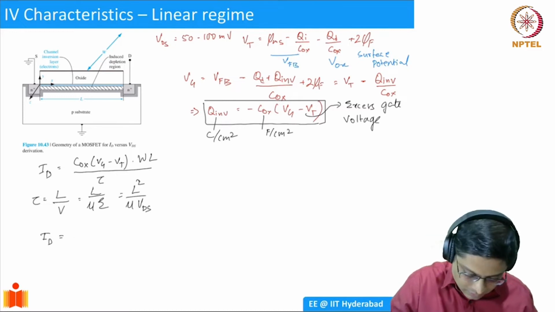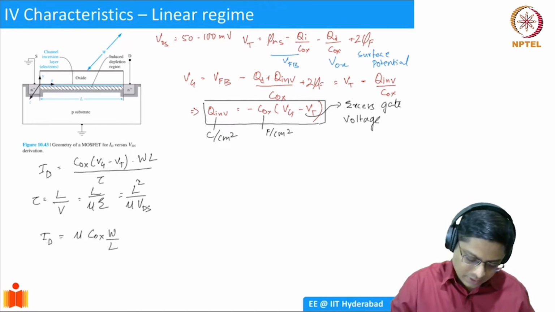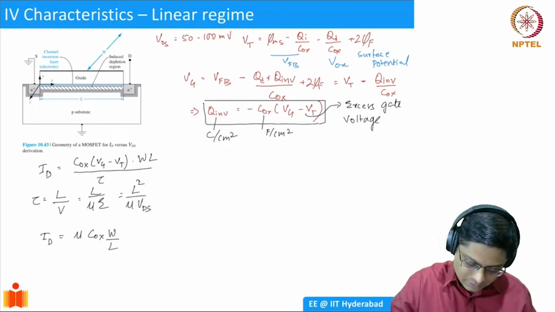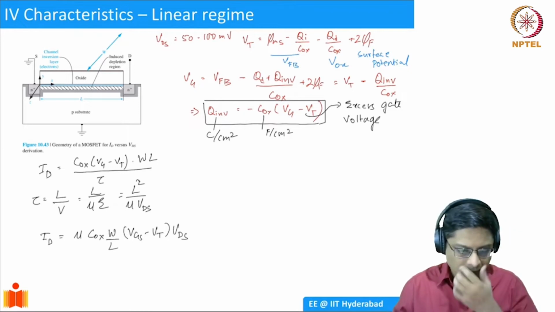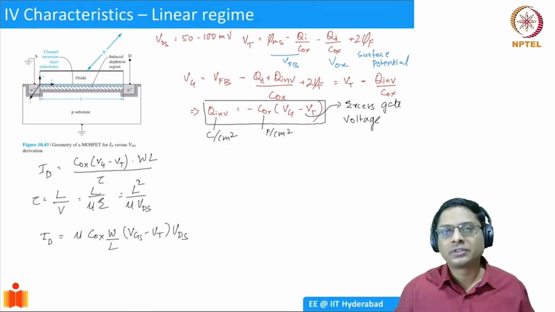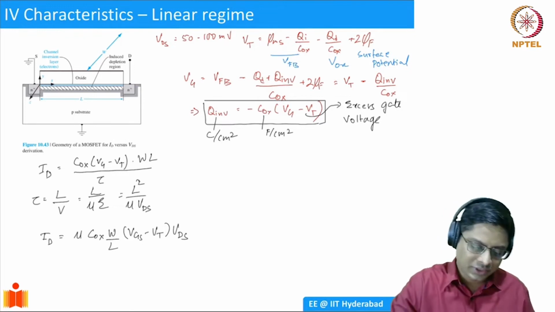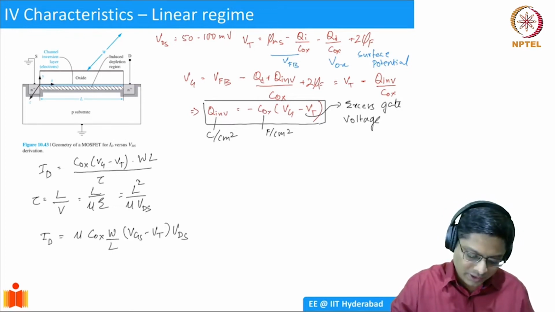So it will be mu Cox, I'll write it as W by L deliberately, and then VGS minus VT times VDS. So this is the expression for current in the linear regime when VDS is small. You will see in a moment that this will not hold true when VDS is large.